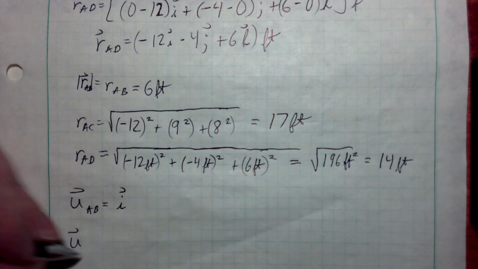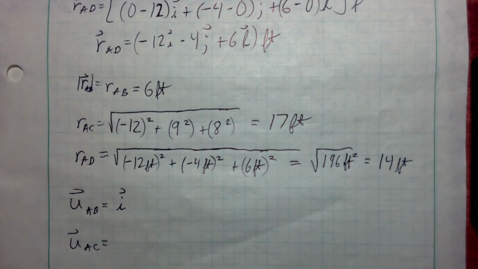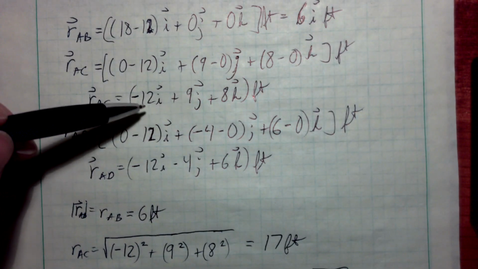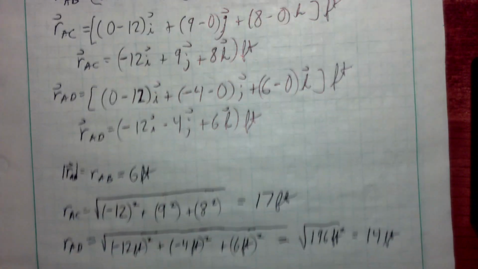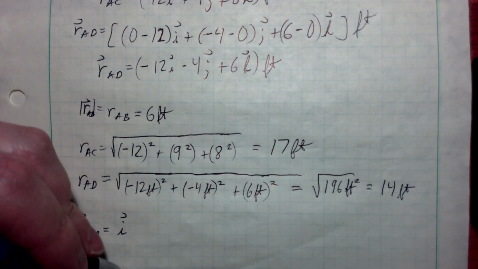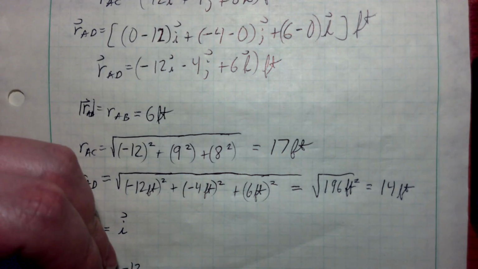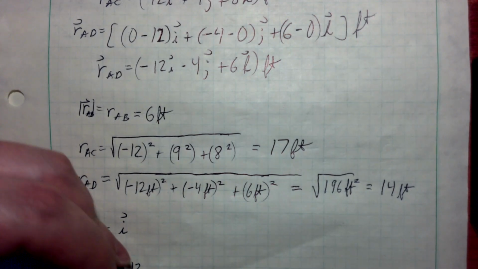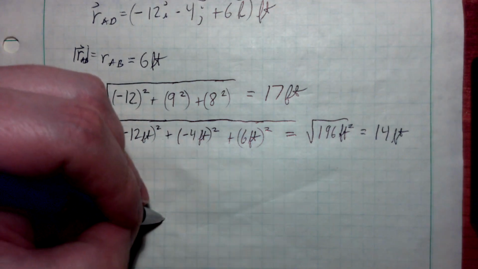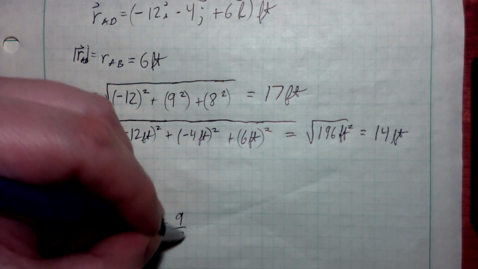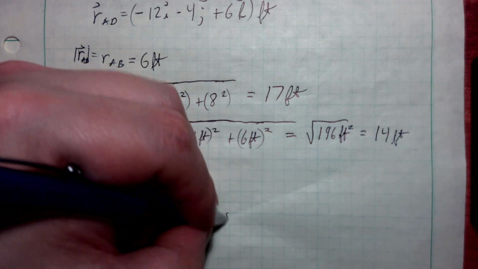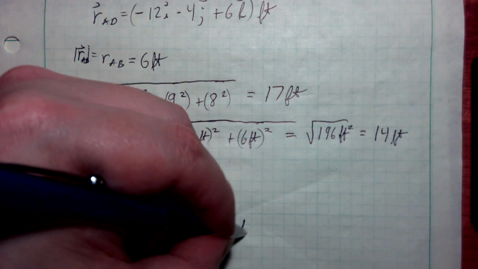Let's write the others. Unit vector from AC. So I'm going to take vector AC, right? Minus 12 plus 9 plus 8, and they're all going to get divided by 17. So it's going to be minus 12 over 17 i, plus 9 over 17 j, and plus 8 over 17 k.